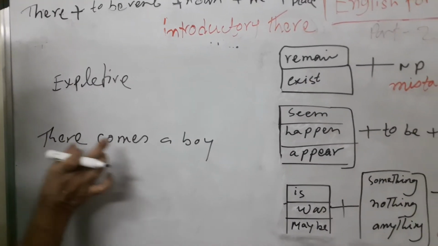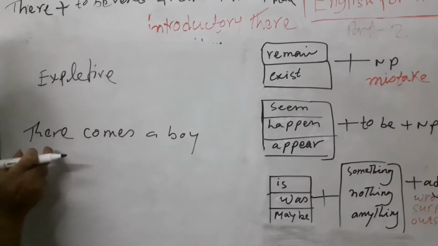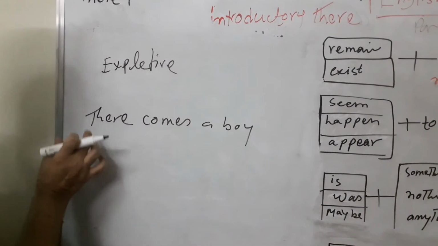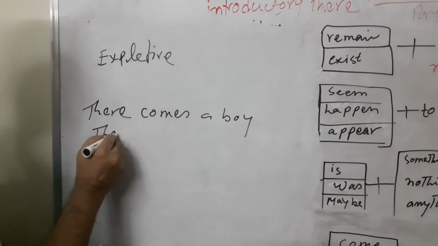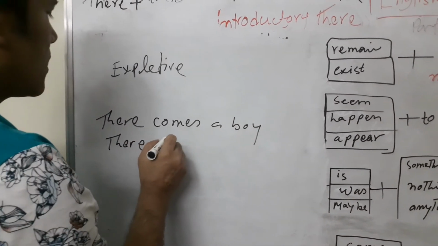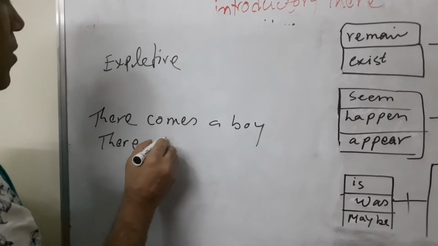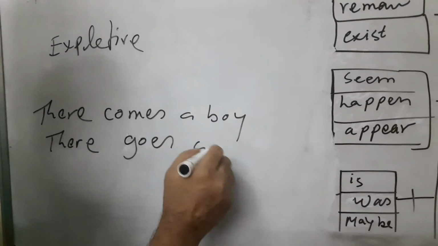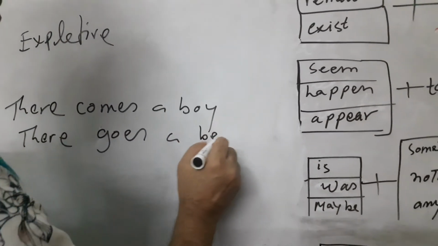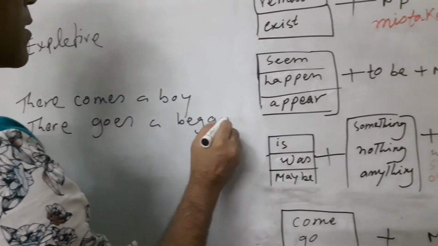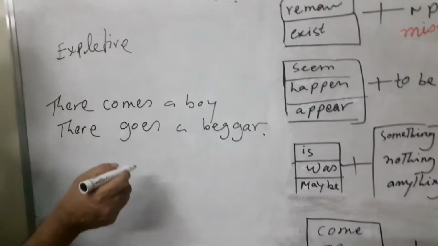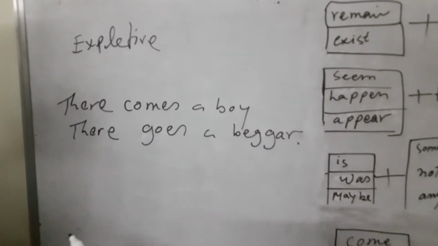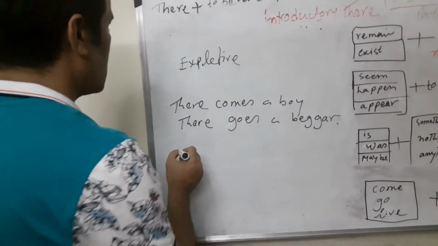When you use the expletive there, we need to put stress on there. There comes a boy. There goes a beggar, like this. And also there are other ways to make sentences using expletive there.